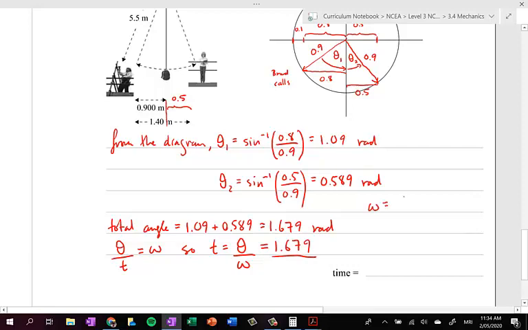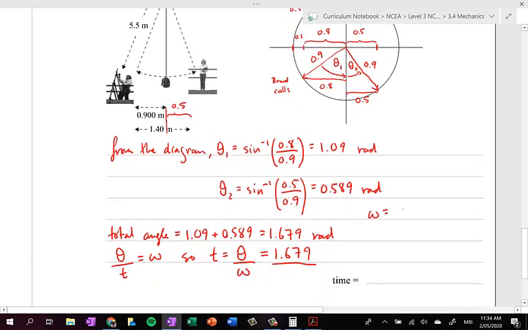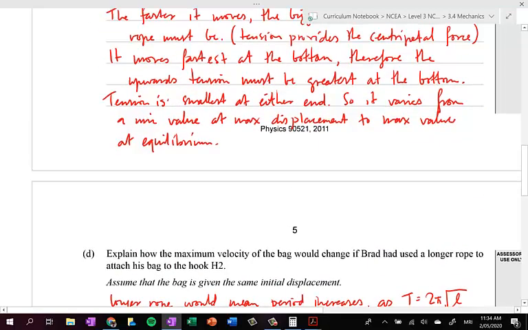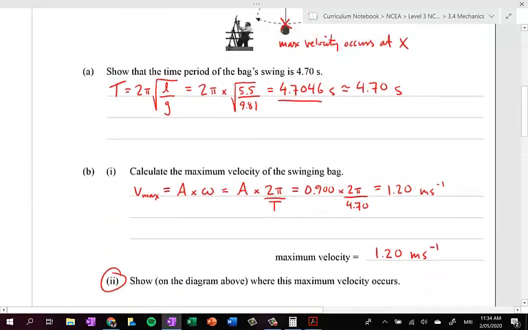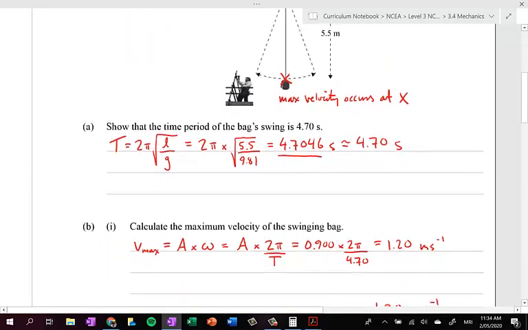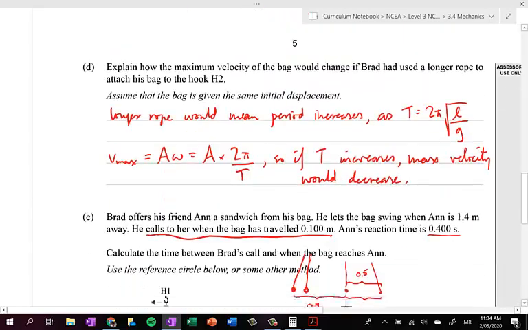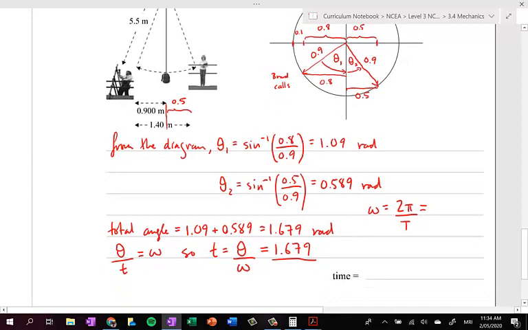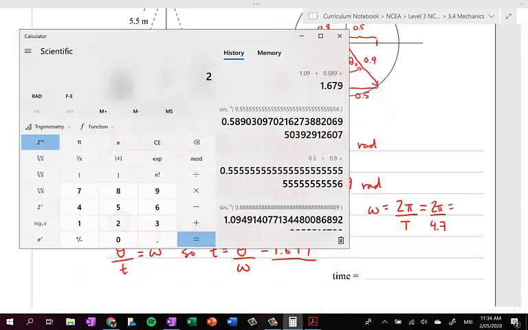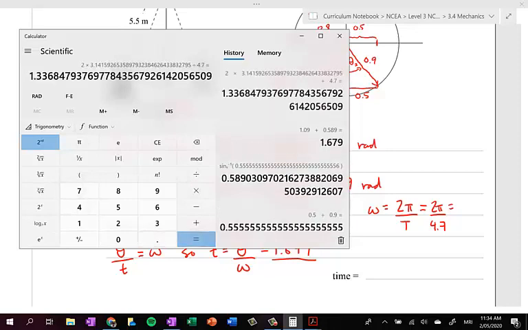So omega is, or did we work it out earlier? Omega equals 2 pi over T, and the time period for the swing was it 5.5 seconds? I think so. Let's go back and check. That was 4.70 seconds. So omega is 2 pi over 4.7, which is 2 times pi divided by 4.7 is 1.34.